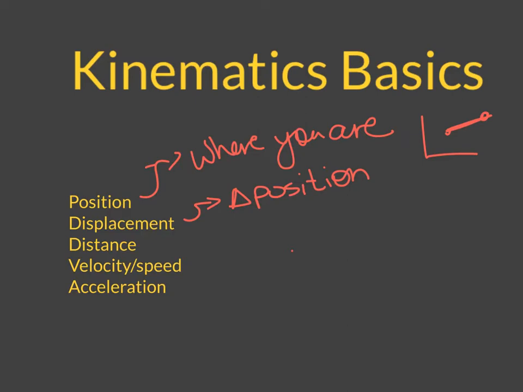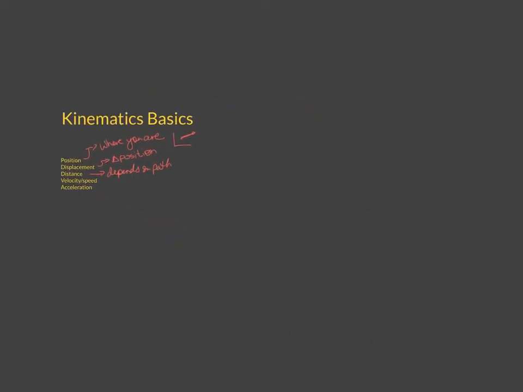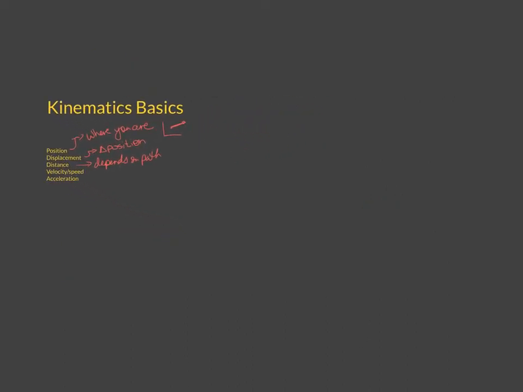The distance is distance. Distance does depend on your path. Your displacement doesn't. So if I went, let's just shrink this real quick. So here I am, I started here and I ended here.